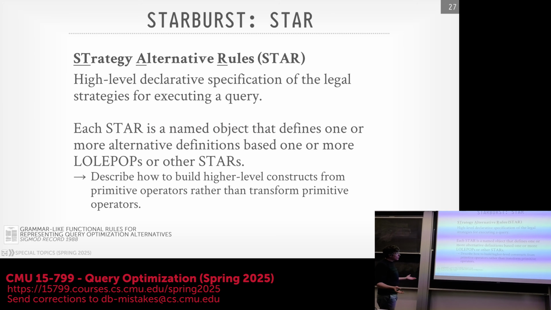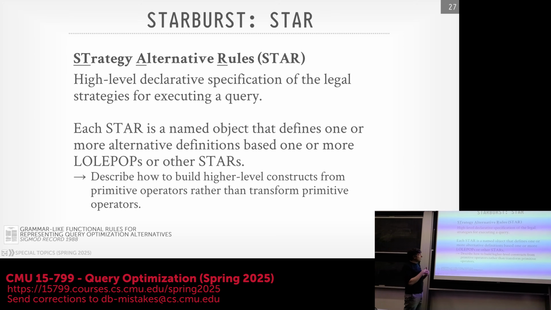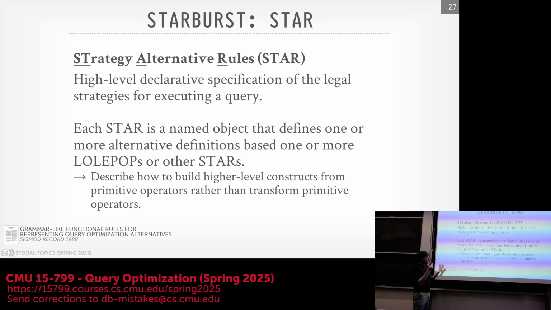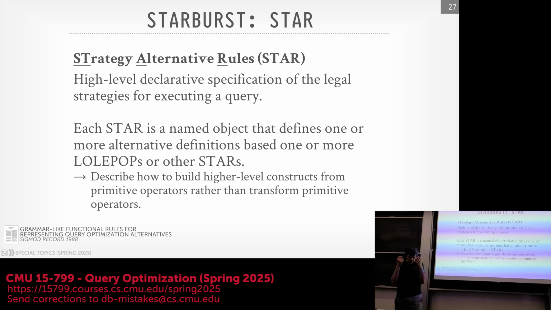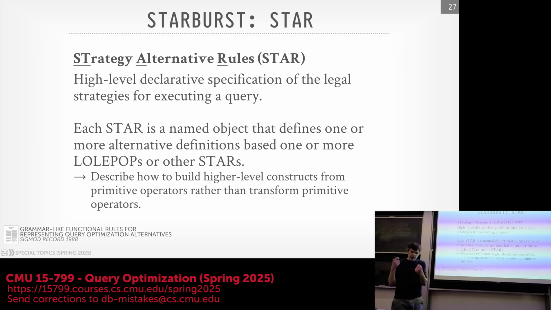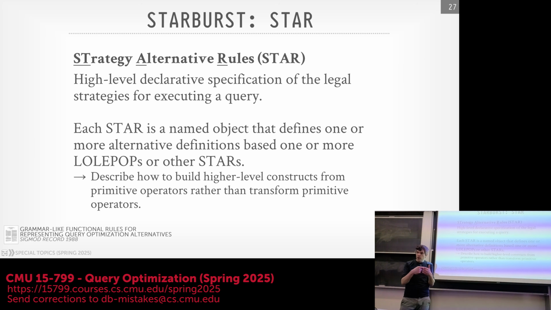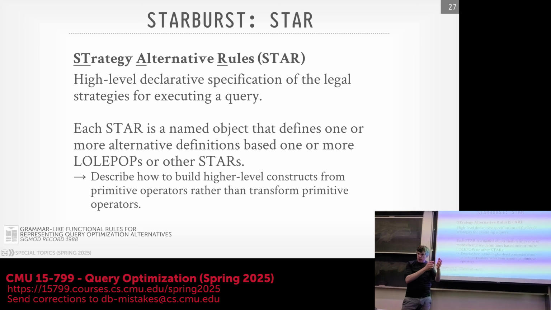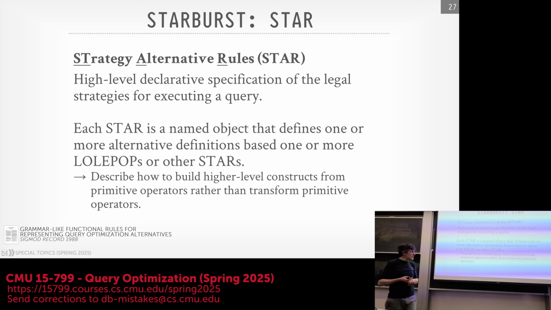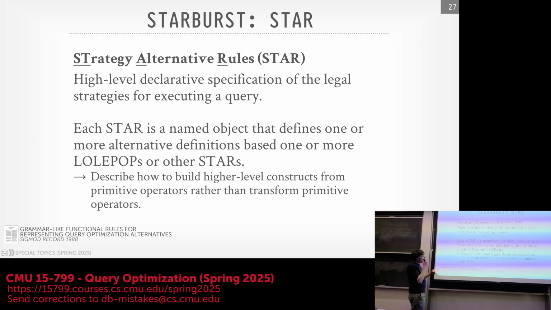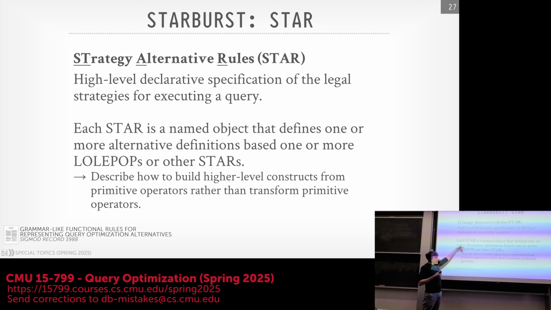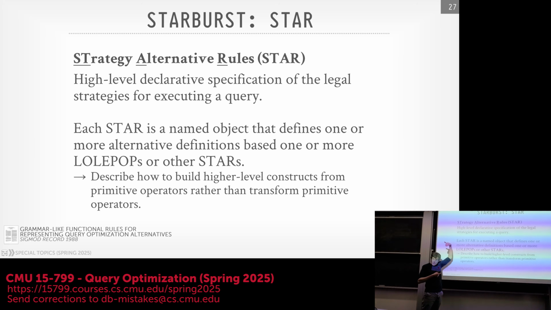All right, so then you have these things called stars, where again, these are just going to be the declarations of the high level operation that I actually want to do. And then it's going to have a bunch of rules that allows us to rewrite stars into other stars or stars into lollipops, so that we end up eventually converging on a query plan comprised entirely of lollipops. And so they make a big deal about how a star is just a named object. We saw that in the video where they had the table scan, and there was a bracket and a bunch of alternatives below that.